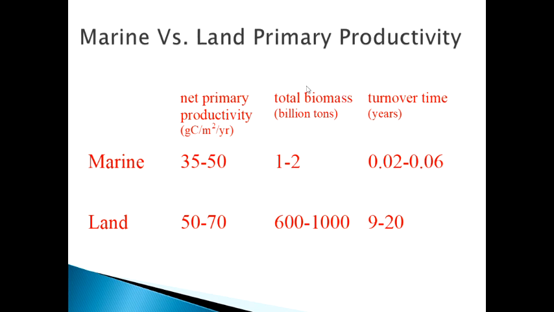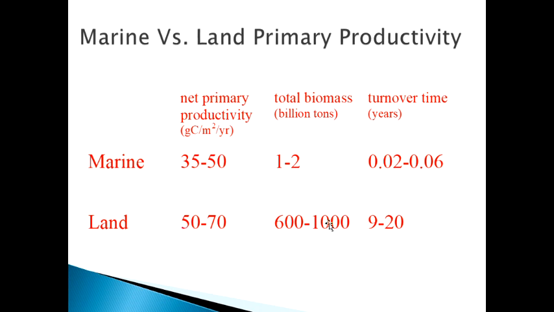If you then look at the total biomass, 1 to 2 billion tons in the oceans versus the huge 600 to 1,000 billion tons on land, and then the net primary productivity, look at this. This is pretty much similar. Oceans, land, similar amounts of productivity.